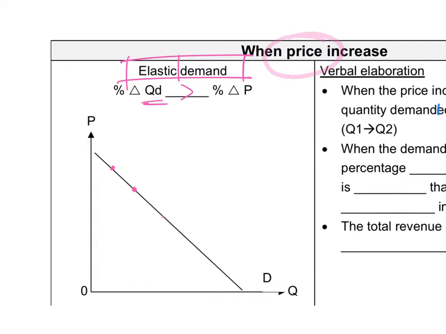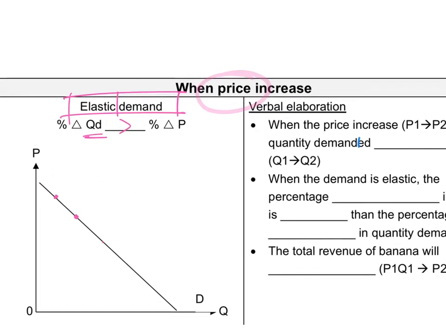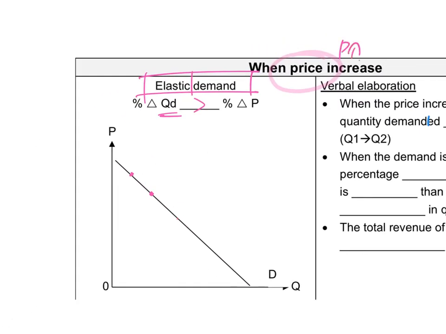We have one point, but this time because the price increases, P1 should be here and P2 should be here. I will use another color to make it easier to understand. Okay, so this is P2. Using the equilibrium we can find Q1 and Q2.